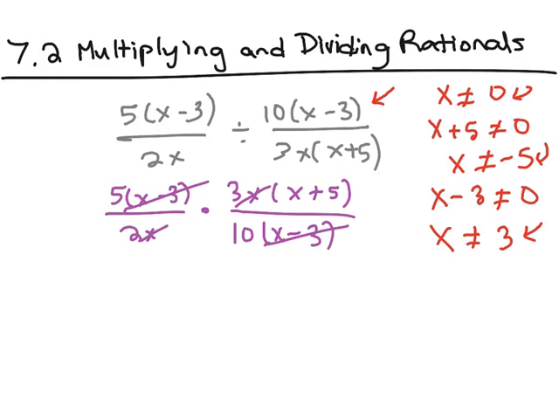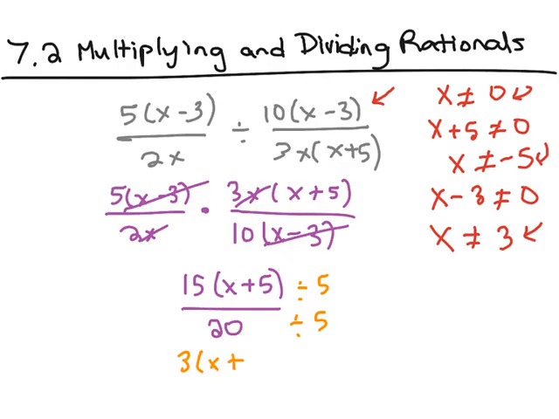So on the top, we should have 15x plus 5 all over 20. Our common factor is 5. So we have 3x plus 5 over 4 when x does not equal 0, -5, or 3.